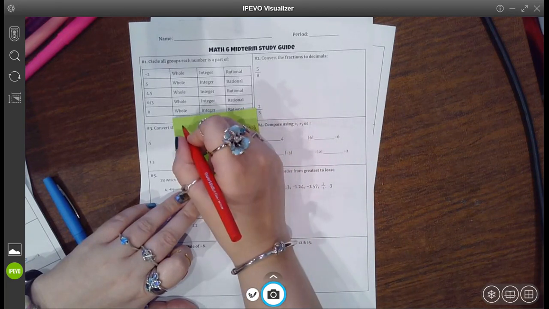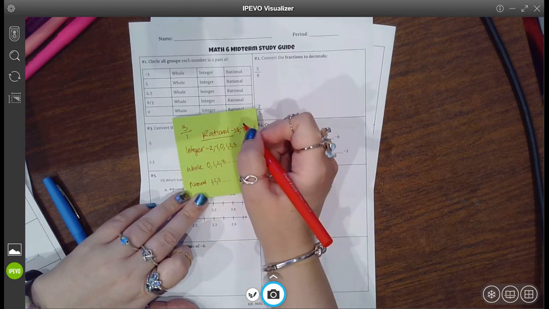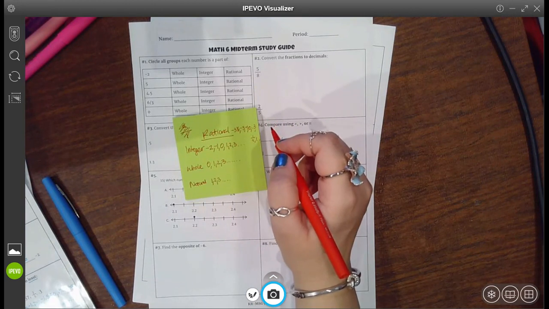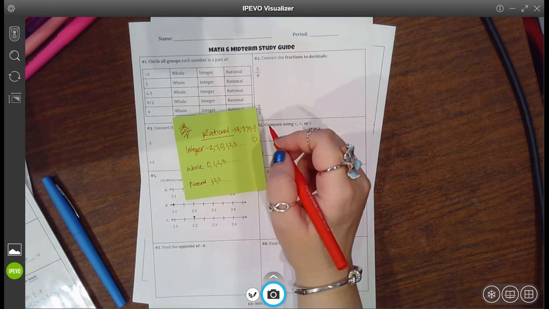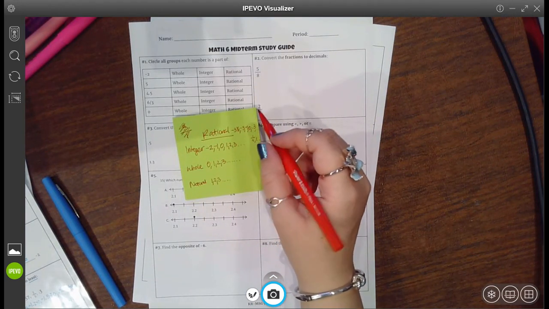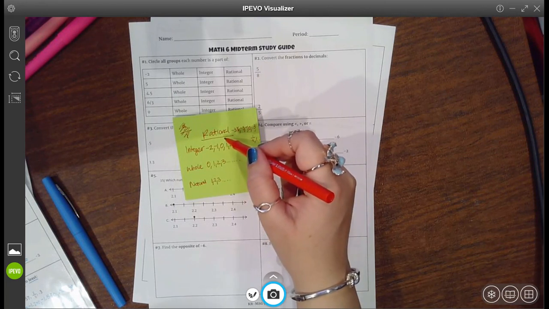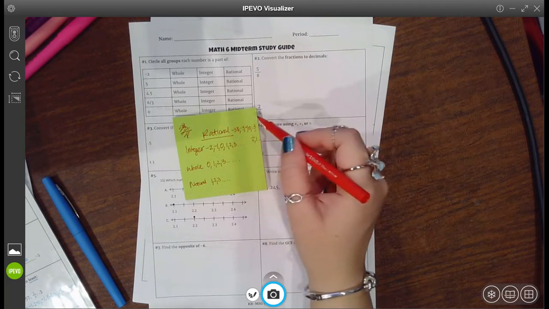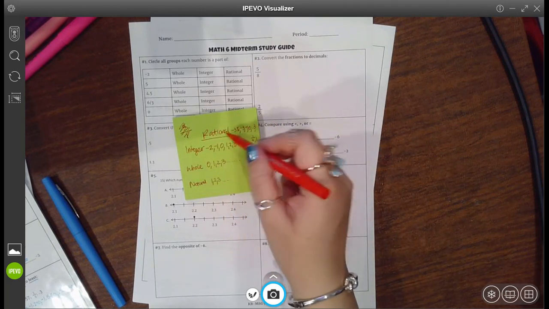That includes whole numbers because a whole number can just be put over 1 and made into a fraction. So as long as something can be written as a fraction, or basically if the decimal ends, it can be written as a fraction, it is rational. And yes, there is going to be something called irrational that comes later, and then real numbers. But for right now, this is it.